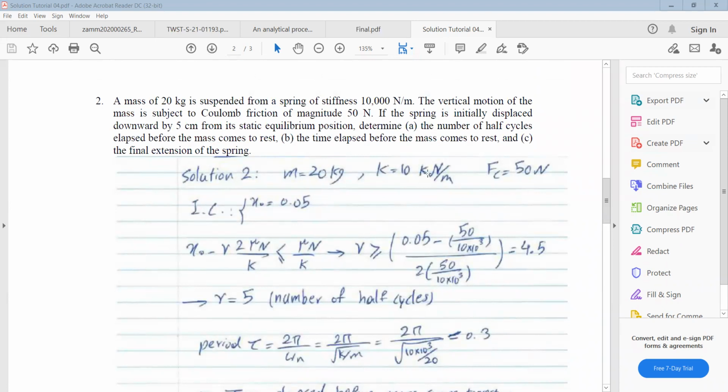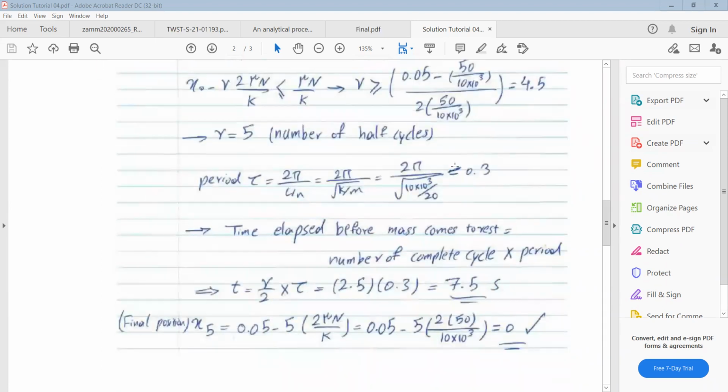We calculated that the number of the half cycles is 5. So once you calculate the period of the motion, you can calculate the time before the mass comes to rest. The period is 2 pi divided by omega n, and omega n is square root of k divided by m. So the period of the motion is 0.3.